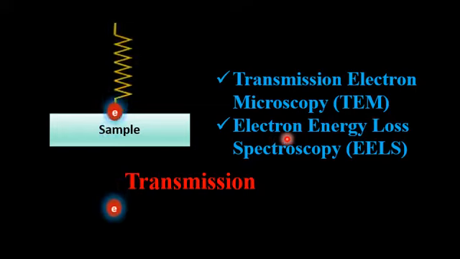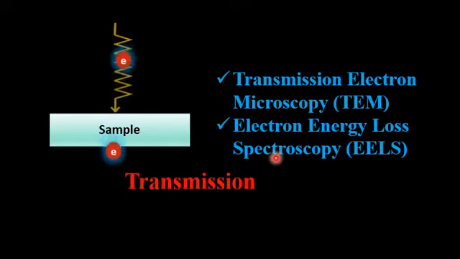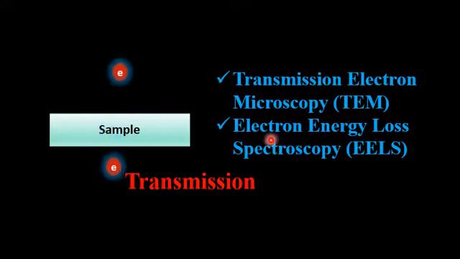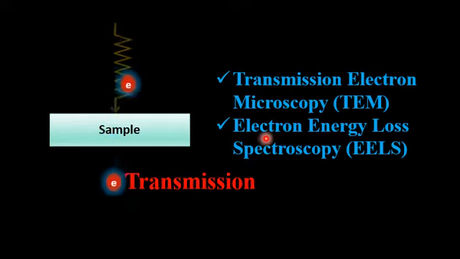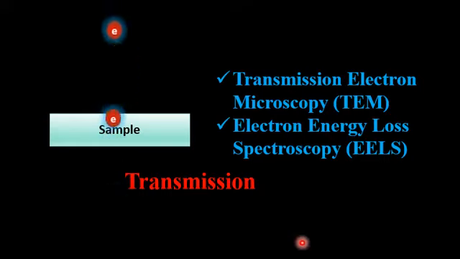This technique gives us information about the chemical composition present in a material. So on the basis of transmission of electrons through a sample, if we use the electron energy loss spectroscopy technique, we get information about the chemical composition of a specimen.